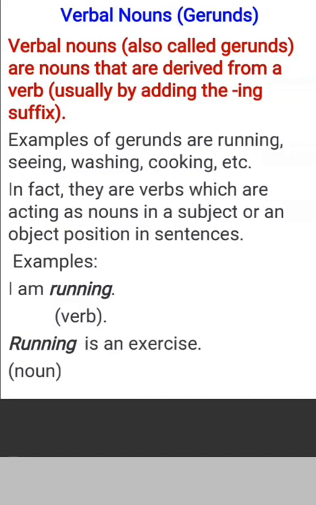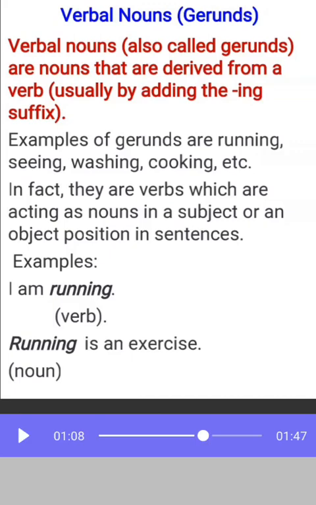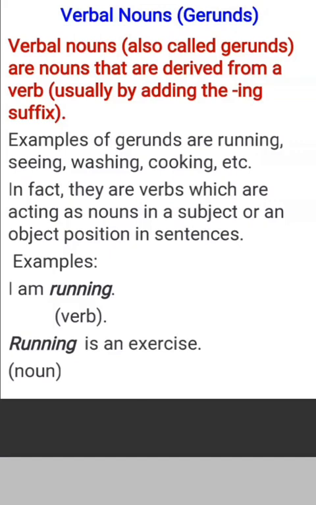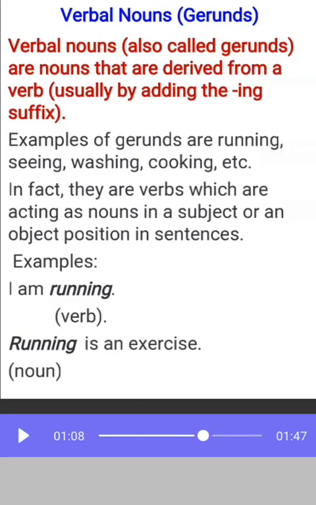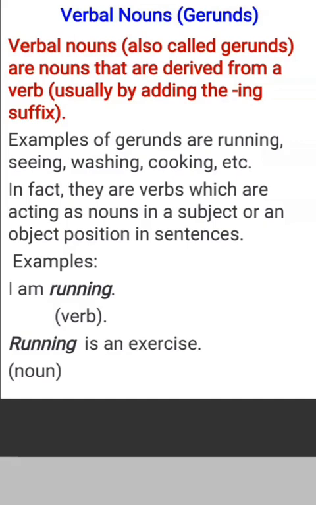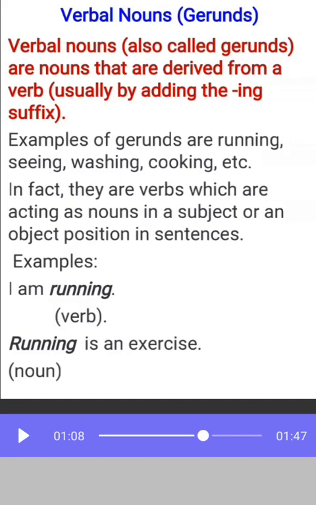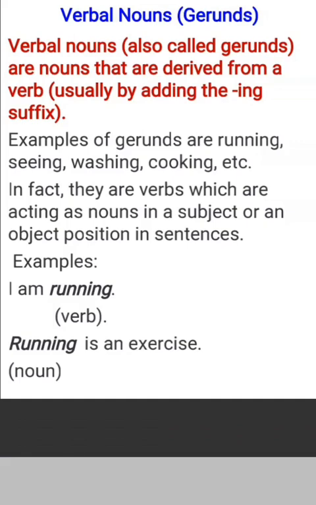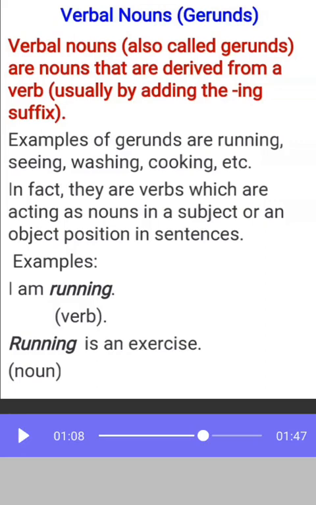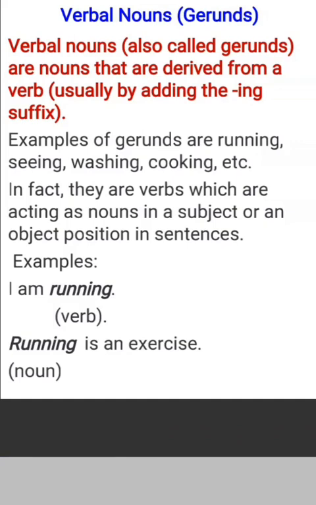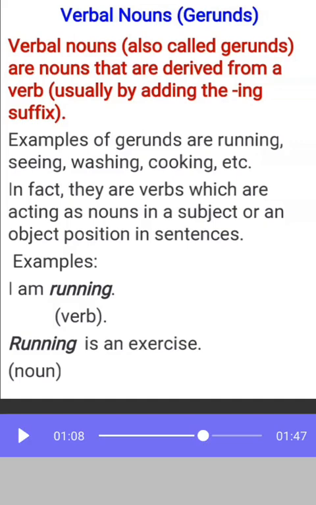In fact, there are verbs which act as nouns in a subject or an object position in sentences. Remember, even in the ing form, they can still act as verbs in the tense we call continuous tense. Yes, but when you position them in subject or object position in sentences, they act as nouns to name things. Yes. For example, I am running.